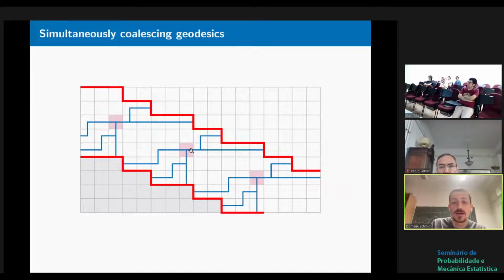So in particular, these cells act like decoupling what happens above this red interface here from what happens below this red interface here. Okay. So this is the property that we want, so that we have this coalescence of the geodesics.